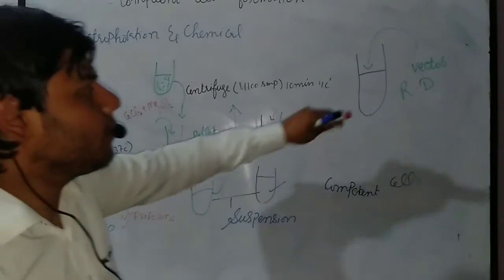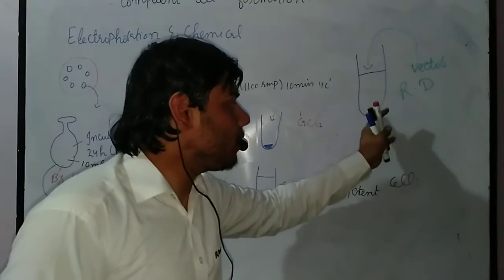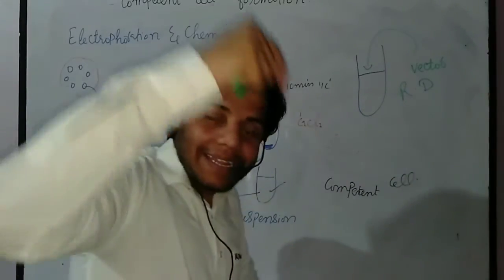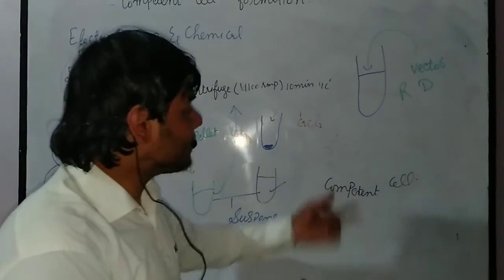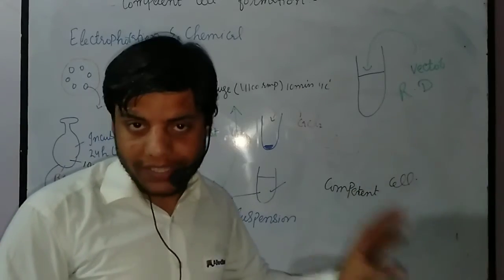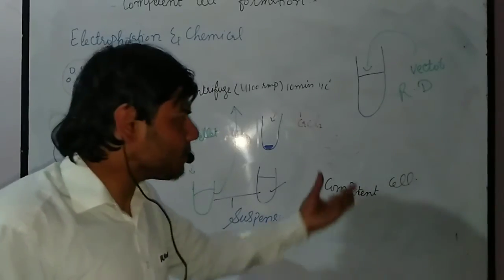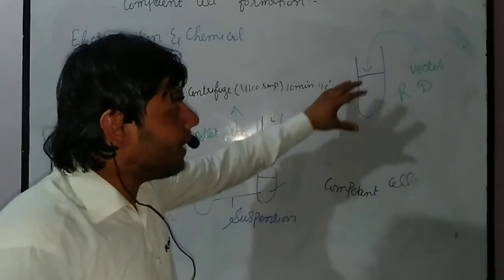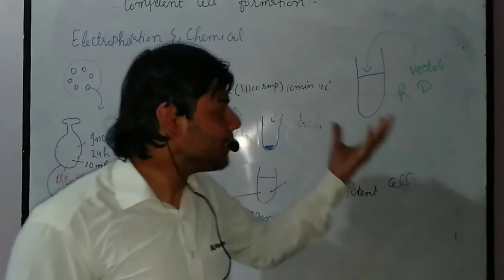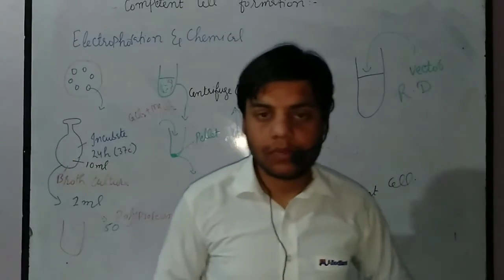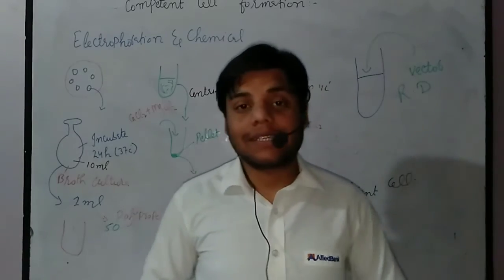Then the recombinant DNA vector will get internalized inside each bacterial cell, because the hole is created in each bacterial cell. After some time the hole is filled up again, and now the bacterial cell has taken up the vector. Okay, this is the technique.